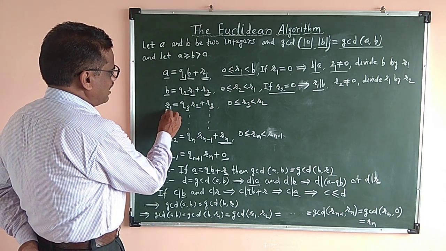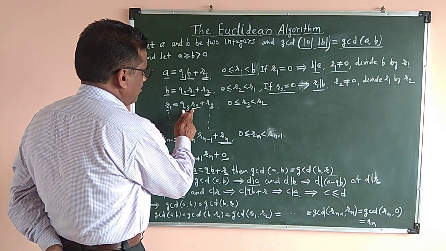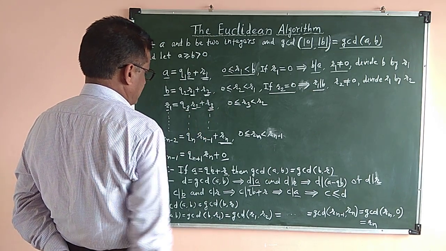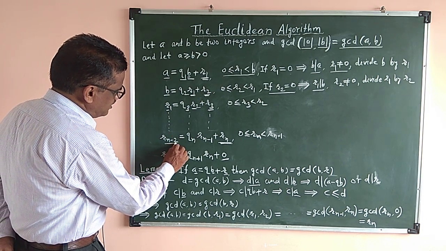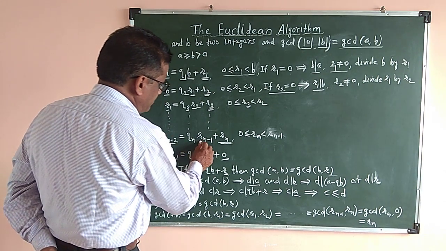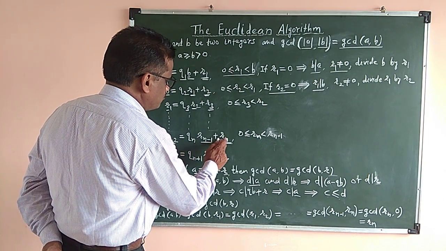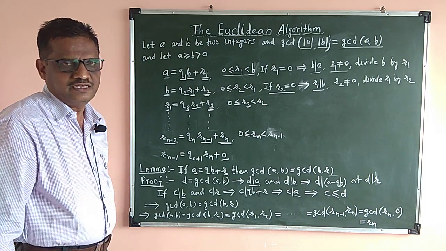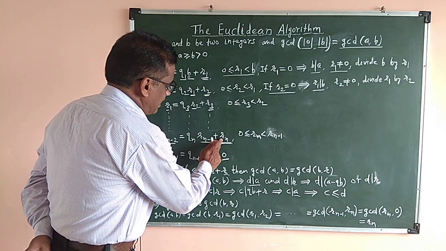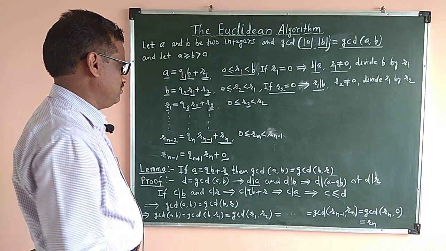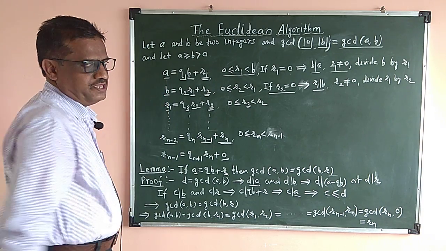Again GCD of R1, R2 is equal to GCD of R2, R3. In this way, GCD of Rn minus 2, Rn minus 1 is equal to GCD of Rn minus 1, Rn. And here Rn is the last non-zero remainder. So Rn is the GCD of A and B.